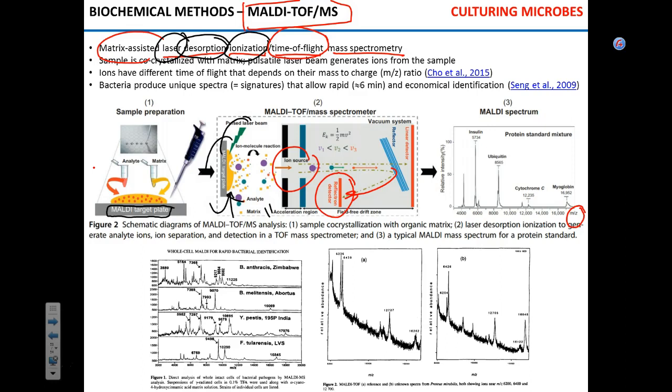So we take a mass and divide it by charge. Does that make sense? So if you have a fragment which mass is 8,000 and the charge is 1, it's going to fall here. If you have a fragment which mass is 8,000 but the charge is 2, it's going to fall in here because it's going to fly much faster because charge contributes to it. Does that make sense?